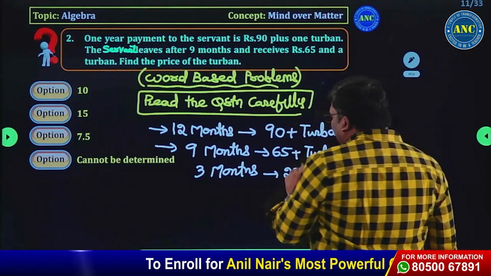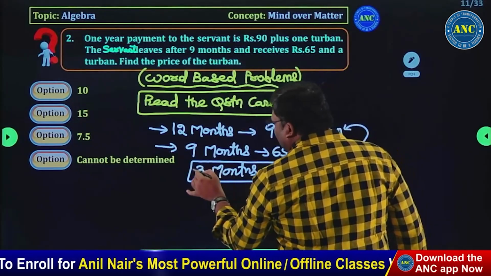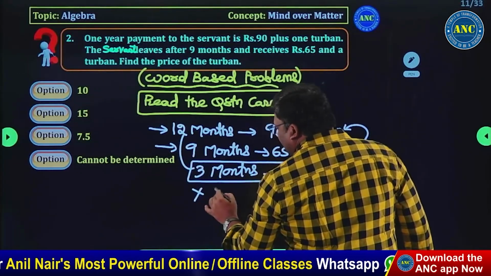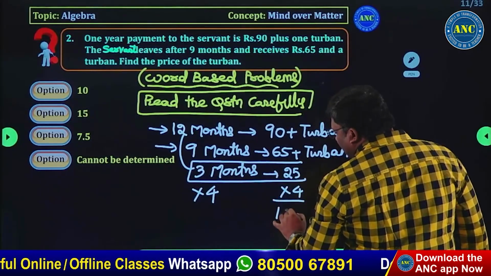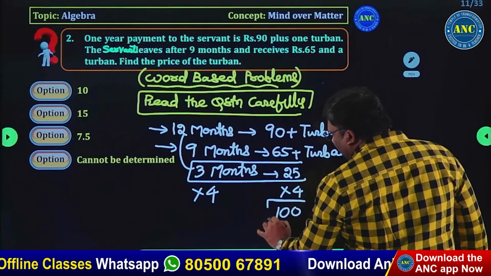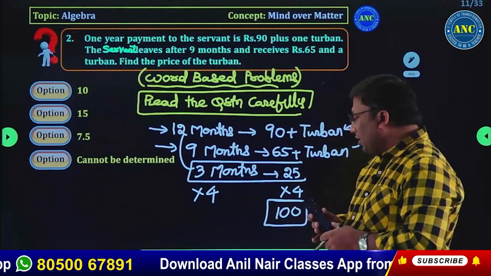For 3 months in cash he would have got 25. That means for 12 months, 25 into 4, 100 rupees he would have got. For 3 months it is 25 rupees, 12 months it is 100 rupees.